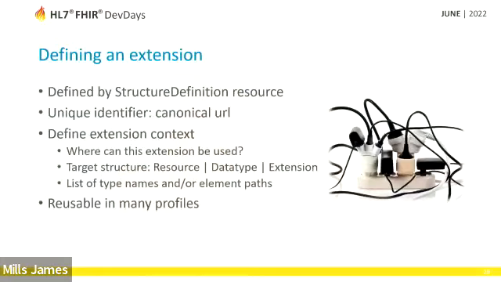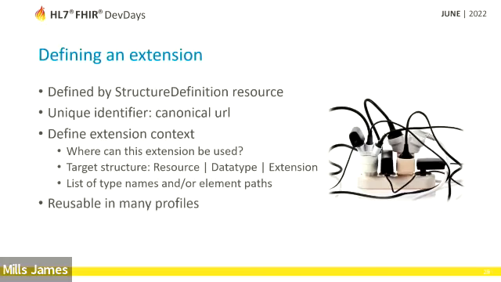And also extensions are defined by using a structure definition resource. And of course, again, you need to add a unique identifier. And then you need to define the context of the extension. So that means in which context can you use this extension, which could be either in a particular resource or a particular data type or even another extension.